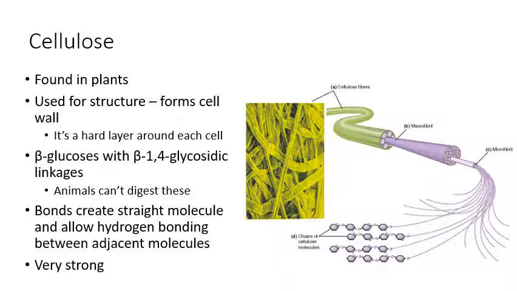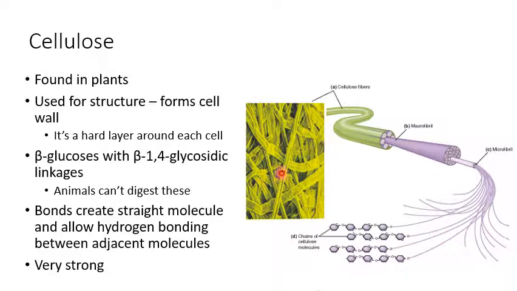So animals have no way to digest cellulose, basically. There are animals that make their living by eating cellulose, like cows and other animals that graze and eat grass. Most of the nutrients in grass are just in cellulose, but they're not able to digest the cellulose themselves. Instead, they have bacteria living in their stomachs that will digest the cellulose for them. So no animal is able to break a beta-1,4 glycosidic linkage without the help of some other organism that would do it for it.